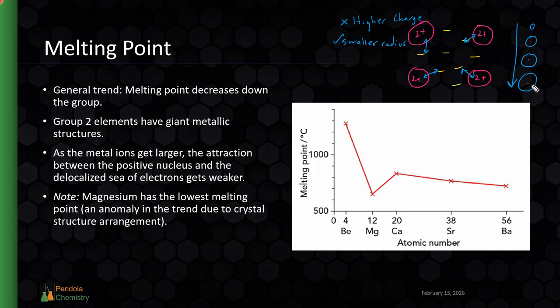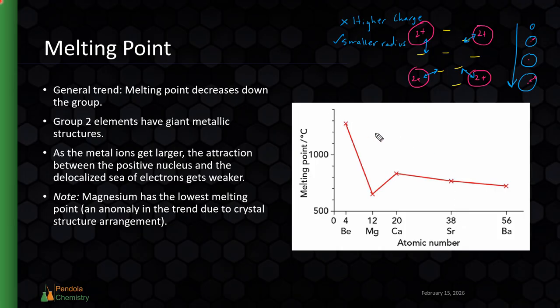So if I draw the nucleus here, you can see the distance from the nucleus to the outside is much larger as we go down the group than it is at the top of the group. The larger that distance is, the weaker the metallic attraction is going to be. And so the metallic attraction gets weaker, the melting point goes down. It requires less energy to melt and separate these cations.